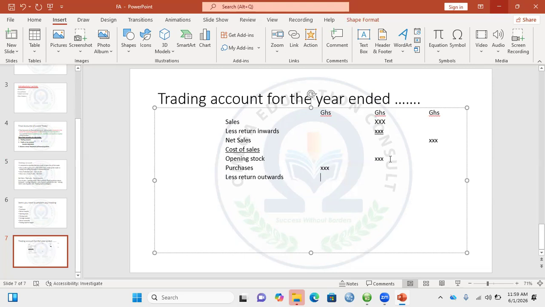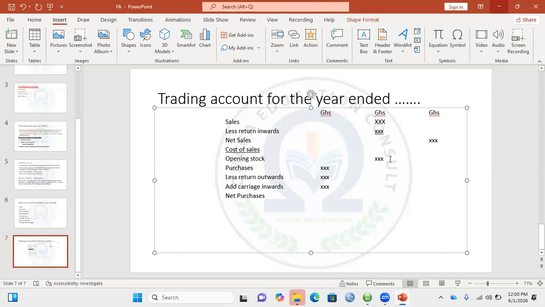And add the carriage inwards. So when you do this adjustment, then you now come and get your net what? Purchases. And this net purchases will now go under the opening stock.